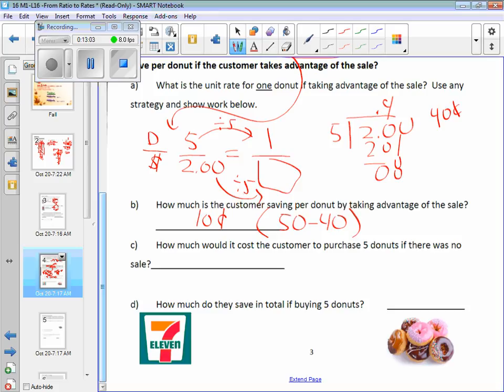All right, how much would it cost the customer to purchase 5 donuts if there was no sale? Z. $2.50. They do take advantage of the sale and they buy 5 donuts. What's the cost under the sale price? Ben? $2.